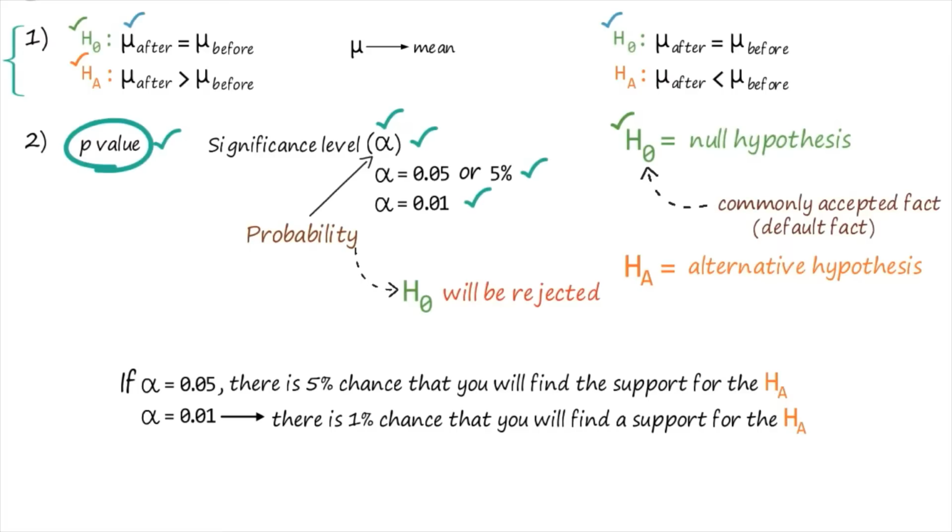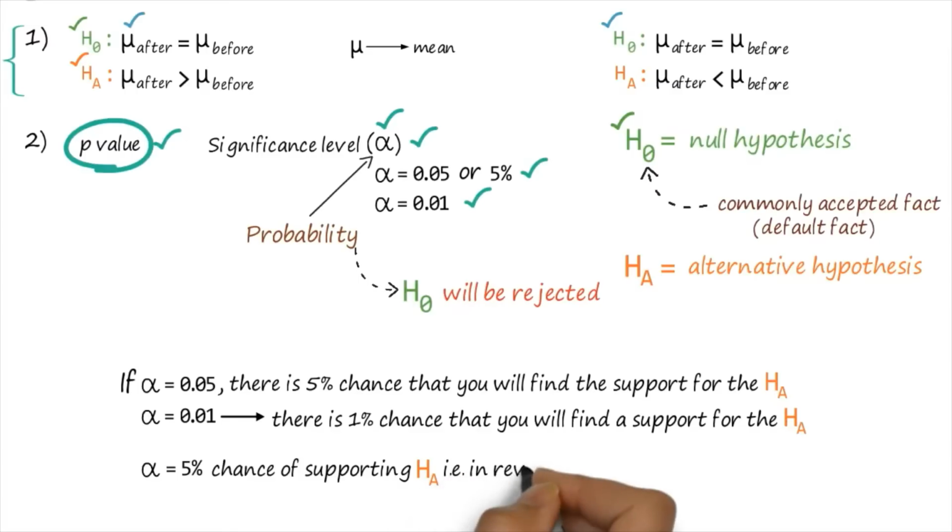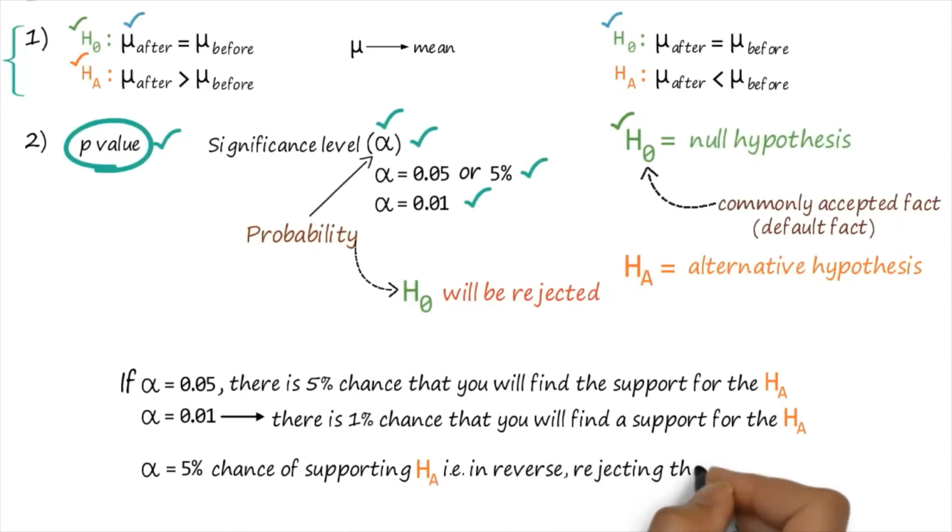So here just make a note, whenever I am telling that there is a 5% chance of supporting the alternative hypothesis, it means in reverse, we have the chance of rejecting the null hypothesis. Anyway, just think of it in one direction.